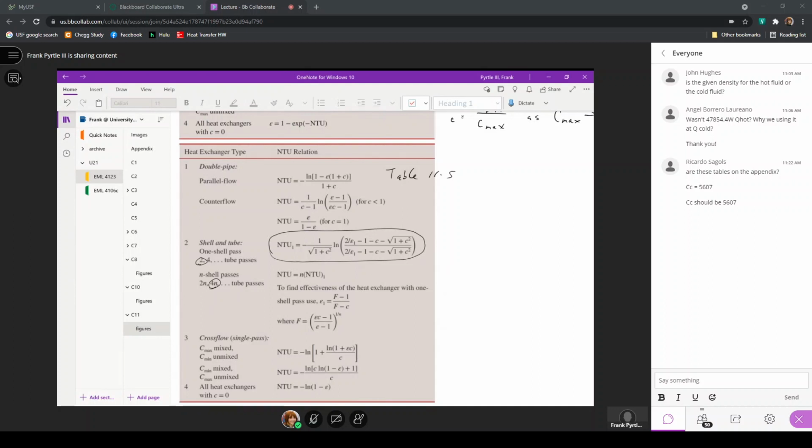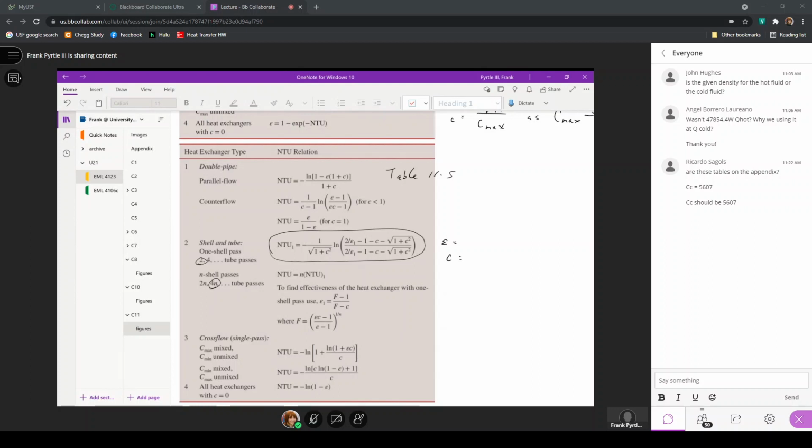And we found the effectiveness of the heat exchanger and the capacity rate ratio of the heat exchanger. And so we would plug the values for the effectiveness and the capacity rate ratio into this expression for the shell and tube heat exchanger to calculate the number of transfer units for this heat exchanger.